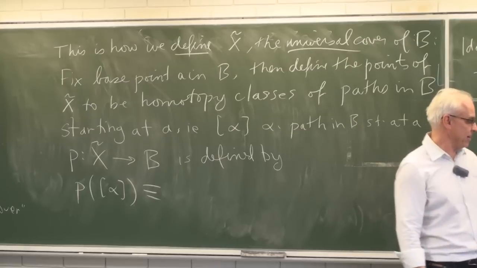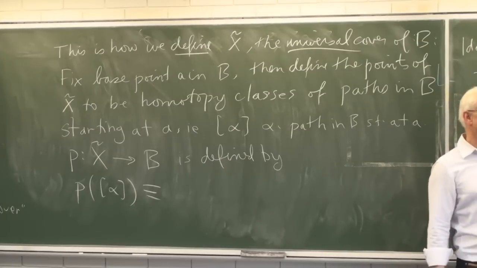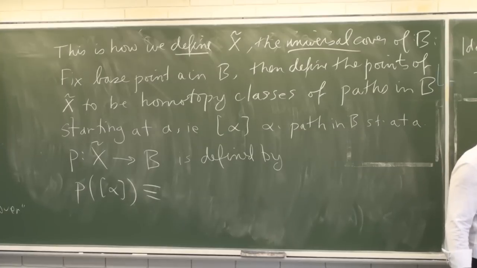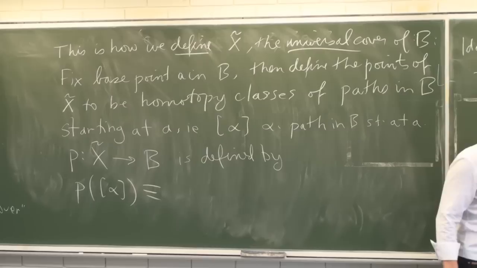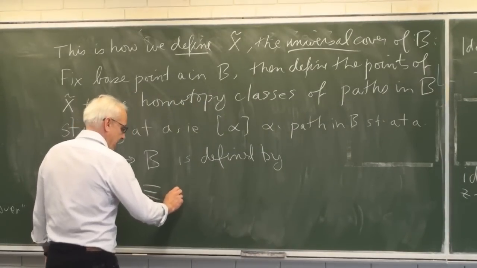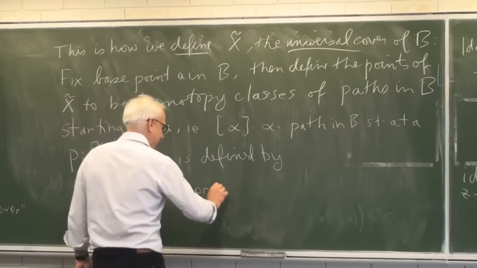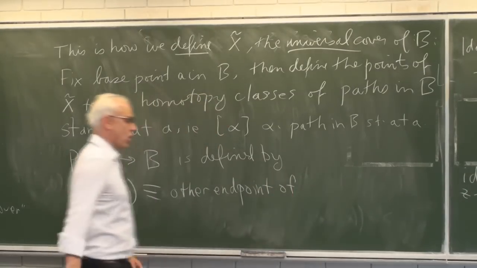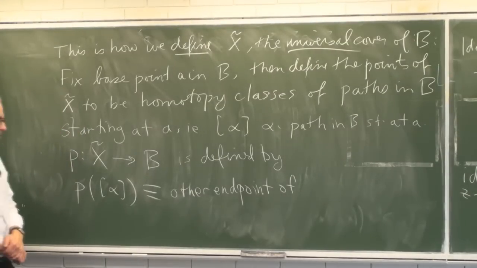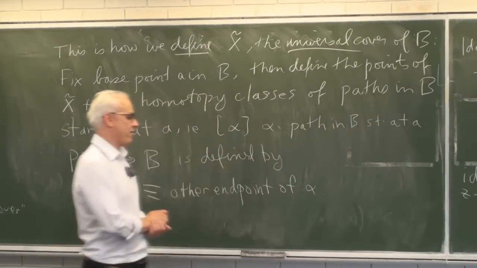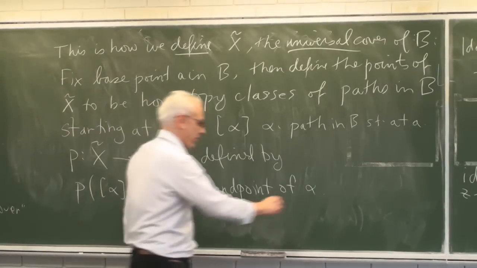The beginning point is A, but it has some other endpoint in B, and that's what we're going to project this point in the cover to. So this is going to be the other endpoint of this path alpha. It's a point in B.